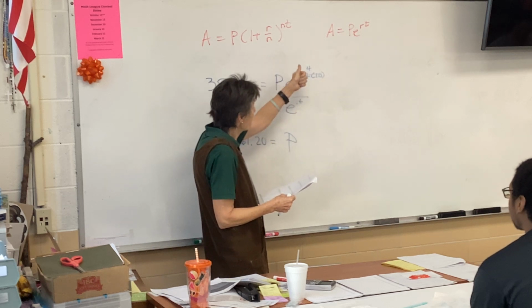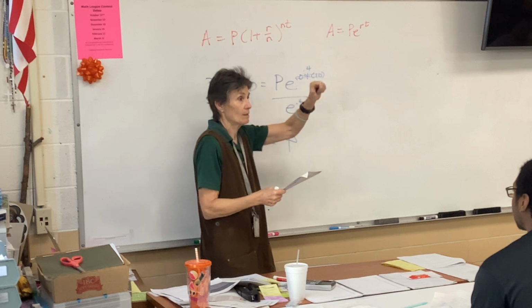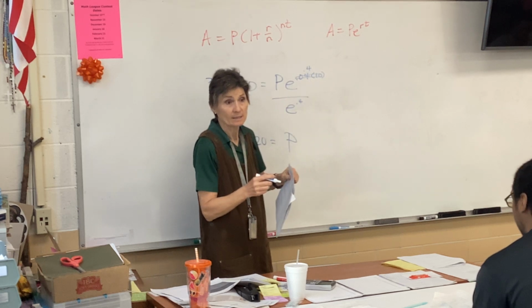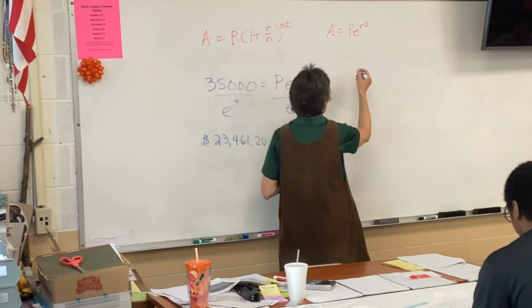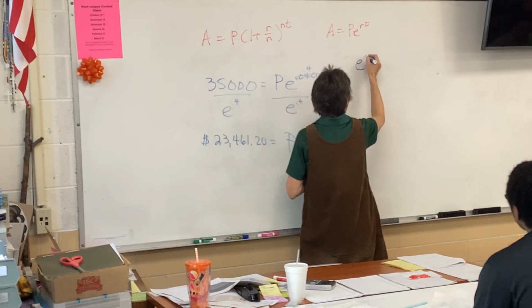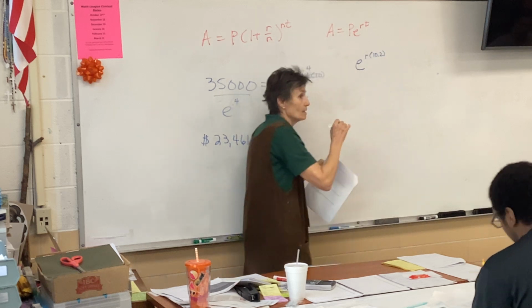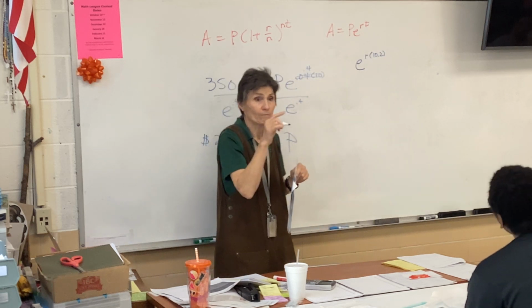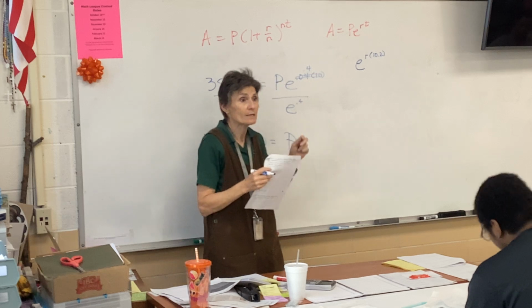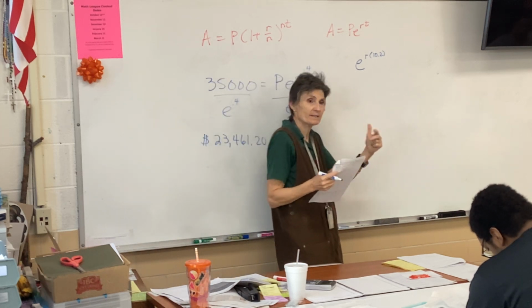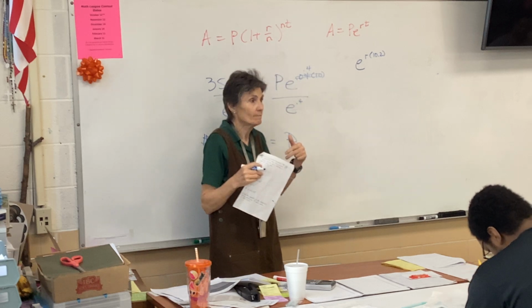Do we know A, P, R, T? We know T is 10.2 years. And actually, R is what we're looking for. Would you agree with that? R is the growth constant, but in terms of decay, it's negative growth.